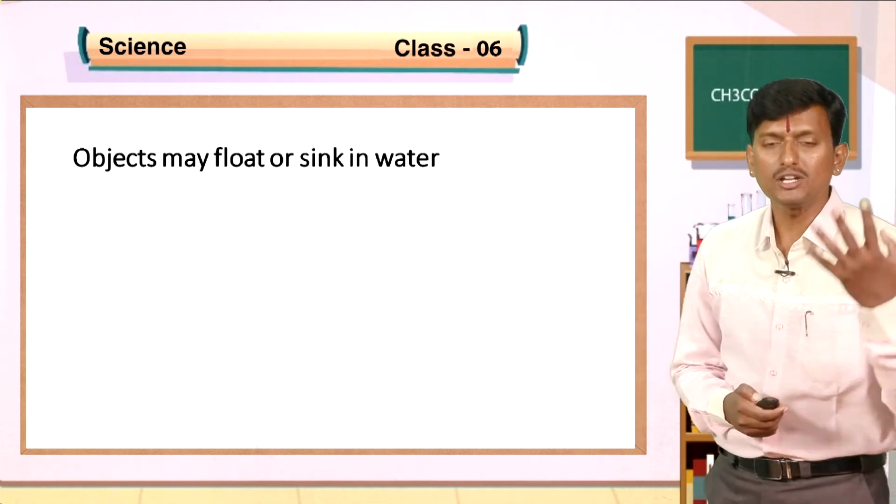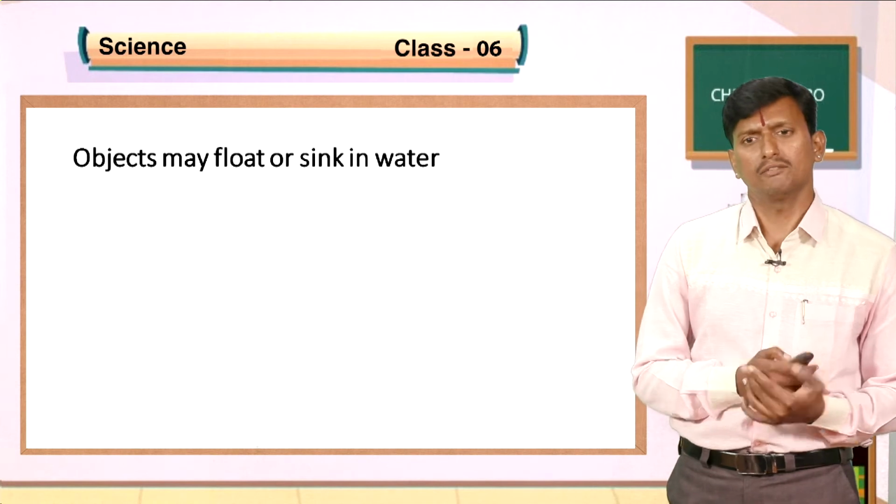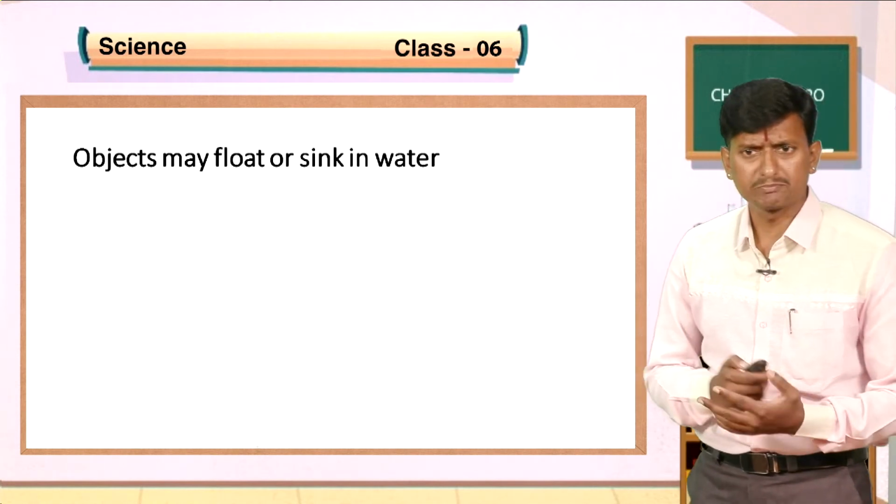Objects may float or sink in water. For this, let us conduct an experiment. See here, I will put a plastic ball into the water. What will happen? It will float. If I add a stone or a coin into the water, what will happen?